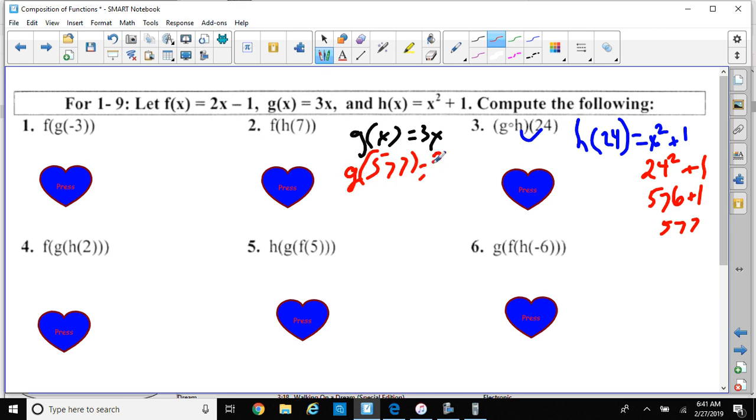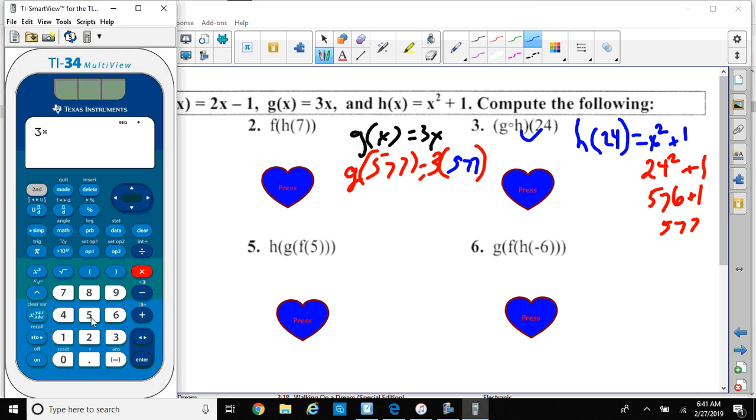And all I'm going to do is replace the x with, guess what? 577. That's right. Now all I got to do is get my calculator out and multiply 3 times 577, and I am done. So let me get my calculator. Let's clear that. 3 times 577 equals 1731.